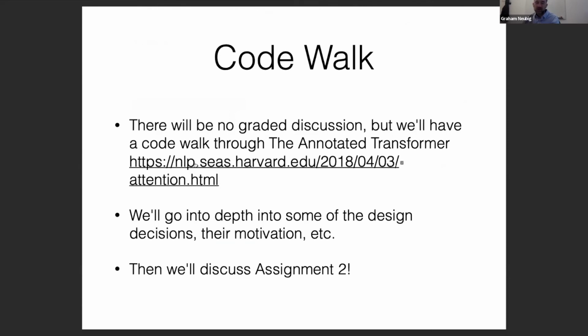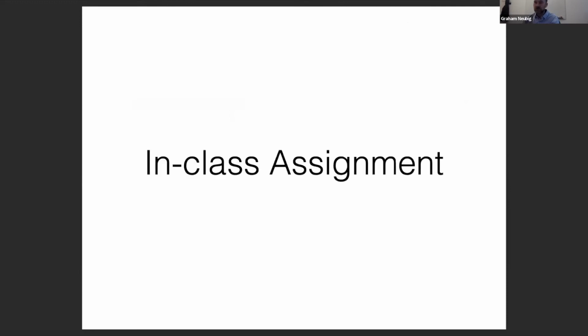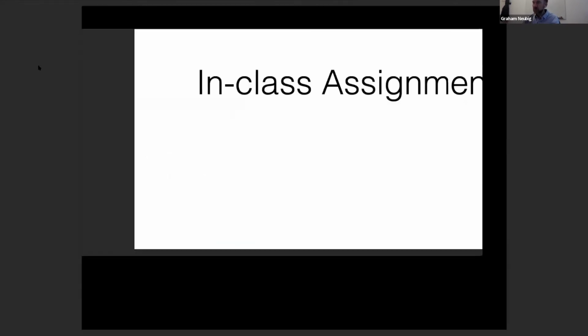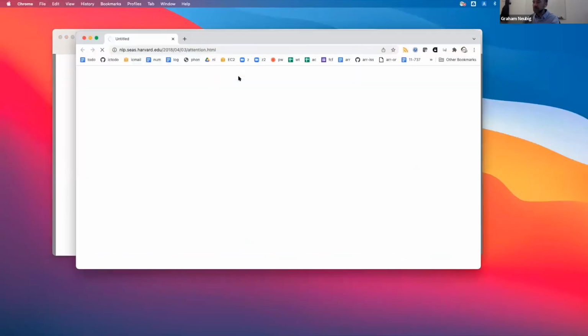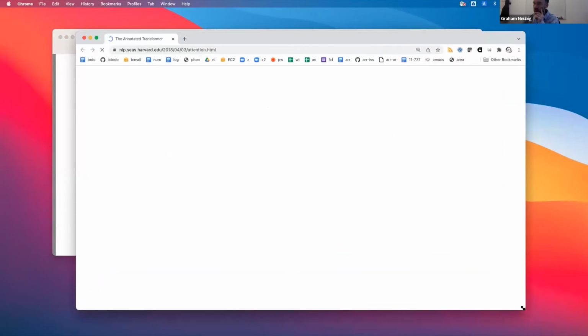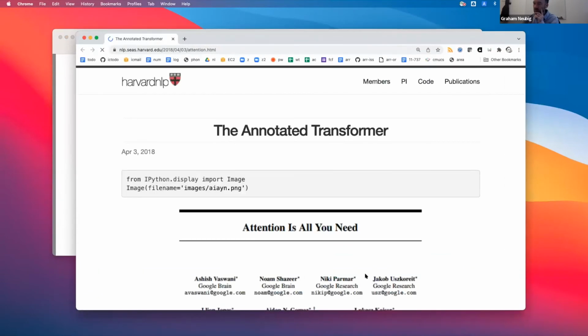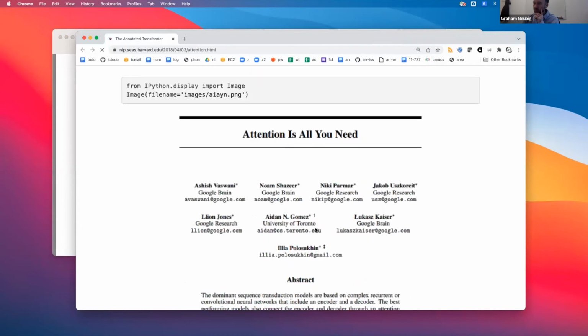And then the final thing I'd like to do is go through a brief code walkthrough of this thing called the Annotated Transformer. And this is a very good resource. It's linked on the class site. And basically what it does is it demonstrates how you would actually implement the transformer model together with all of the description from the original paper.